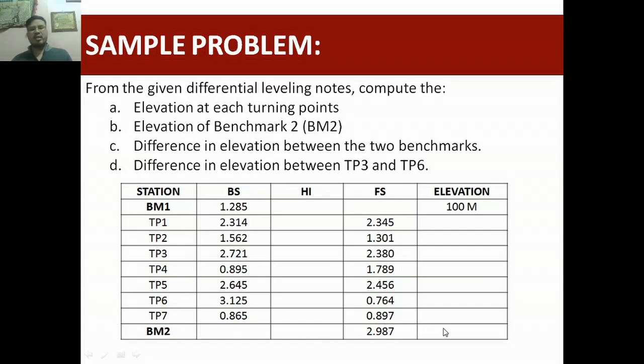And then, what is the difference in elevation between the two benchmarks, benchmark 1 and benchmark 2. And last is the difference in elevation between turning point 3 and turning point 6. Whatever result we get, we will take the difference of their elevations.